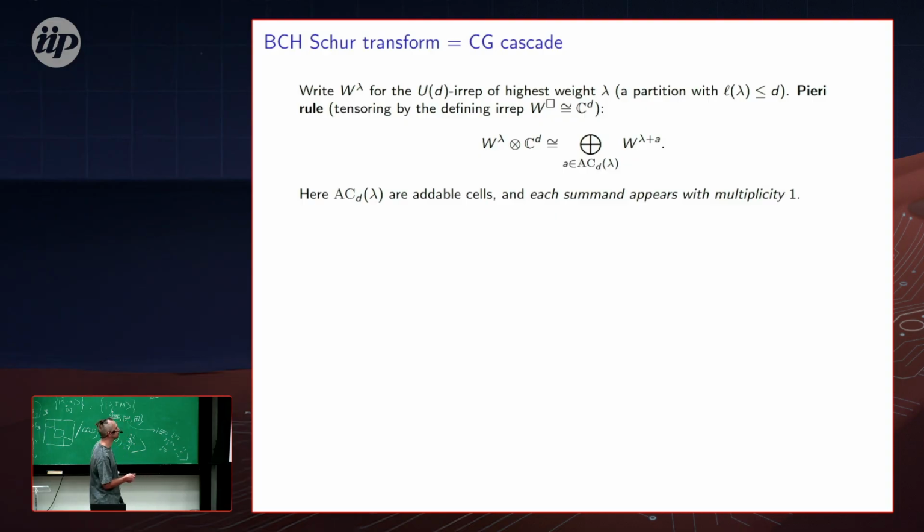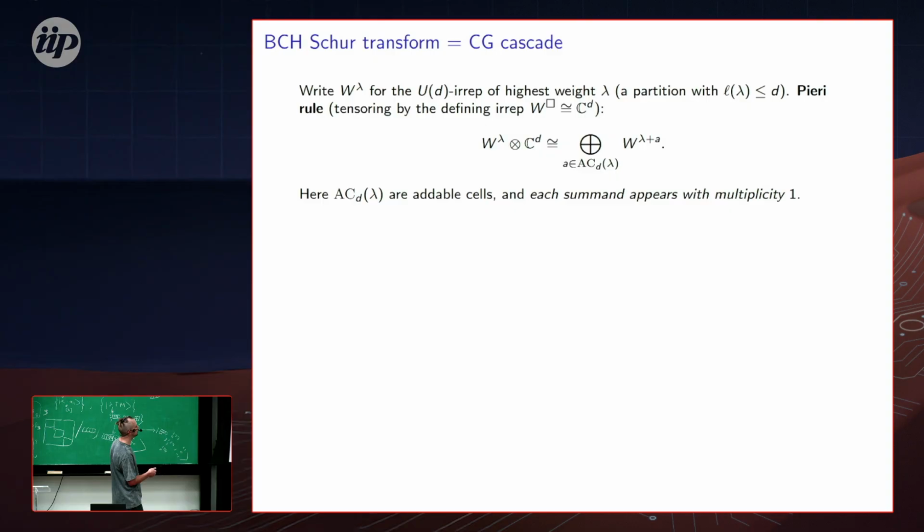So that's what we're going to use. So this is what we want to do: one irrep and a standard irrep. This has to break into irreps again, and the claim is that the irreps that appear are these ones with multiplicity 1. And that's called Pieri's rule.